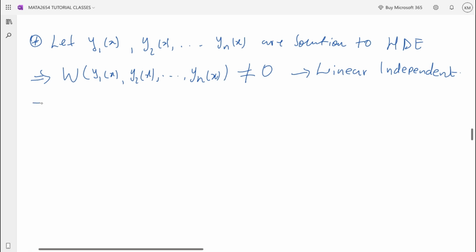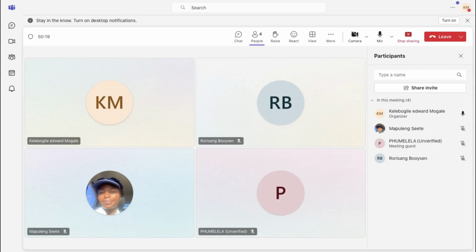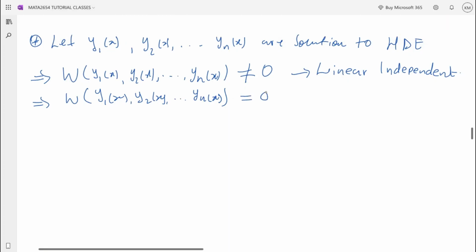Then if the Wronskian determinant of our solutions y1 of x, y2 of x, up to yn of x is equal to 0, what will that mean?